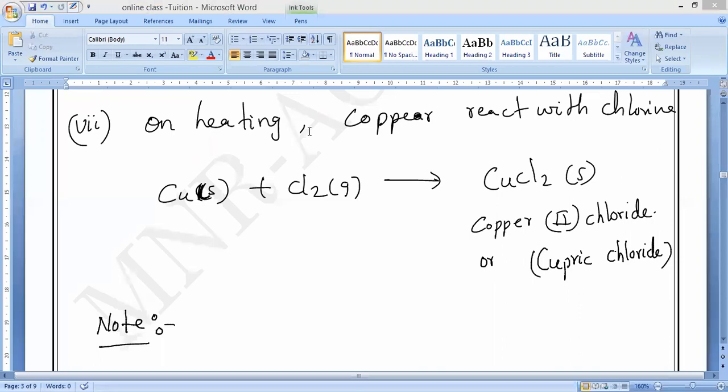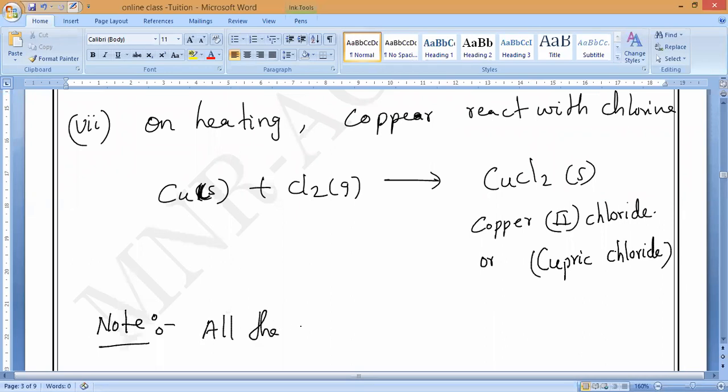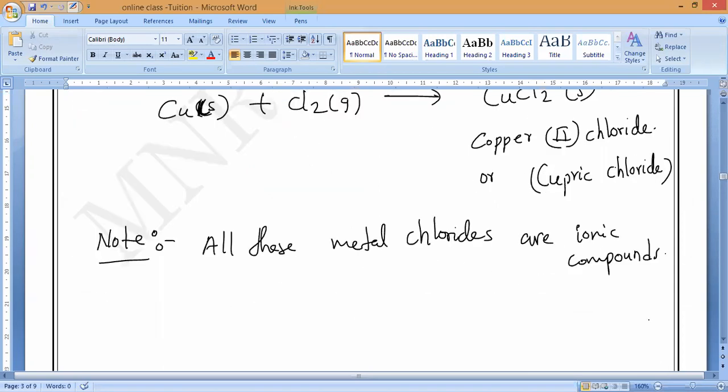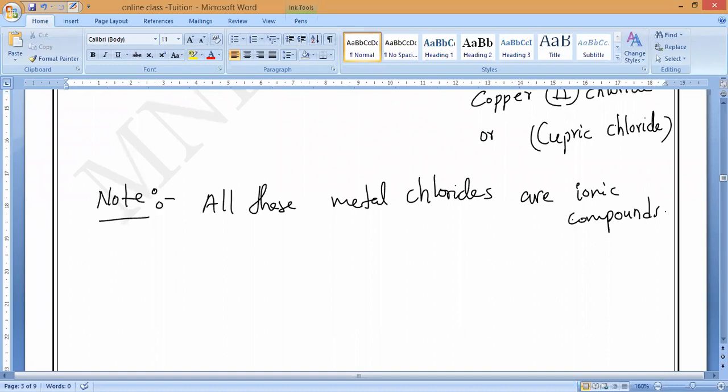Now here one note: all these metal chlorides are ionic compounds. Yes or no? Please remember these ionic compounds we should also call electrovalent compounds.